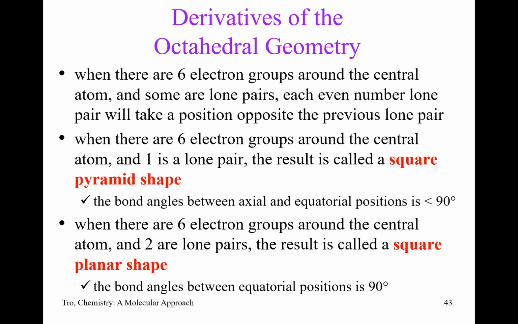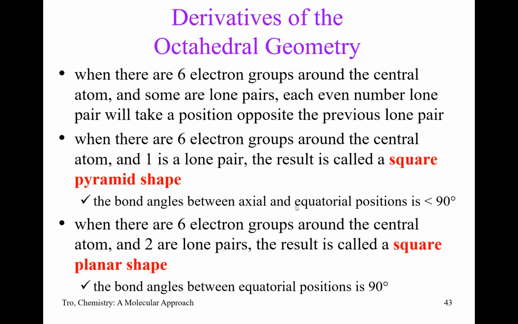All right, so that one's a little complicated because of the unique shape. The octahedral one, again, I don't think you'll see it in OChem. And again, it's just for chem majors, so I'm not putting one of these on the test. But this is much more simple.